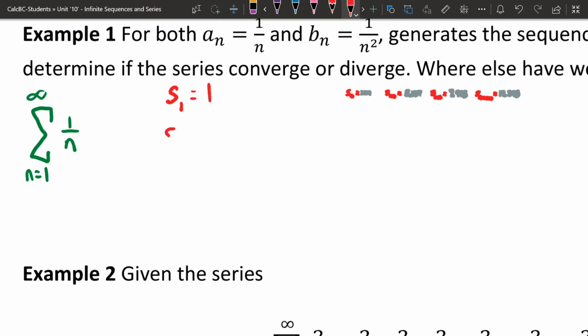If we look at the sum of our first 2 terms, S sub 2, well, that's 1 over 1 plus, and then the second term is plugging in a 2, 1 over 2. 1 and 1/2 is just 1.5. All right, so we could continue to do that on and on.